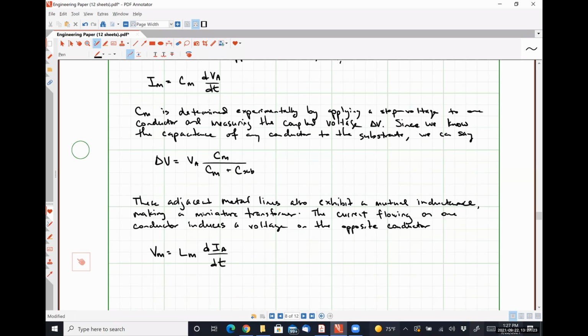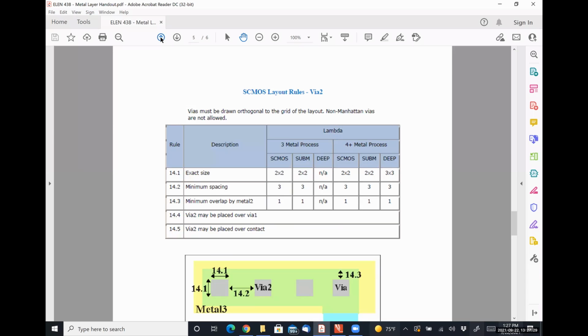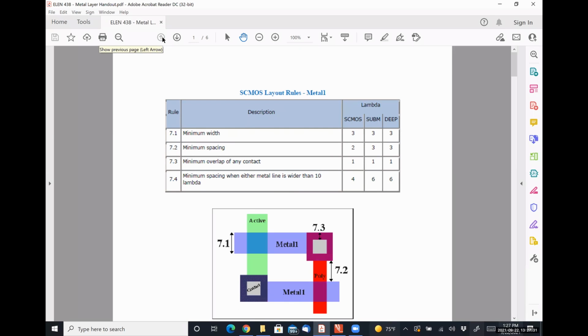So this 6, I think it's, let me go back here real quick. Let's find out. Yeah, the minimum spacing of 3 lambda is for a digital system where highs and lows are really the only information that you need to keep.